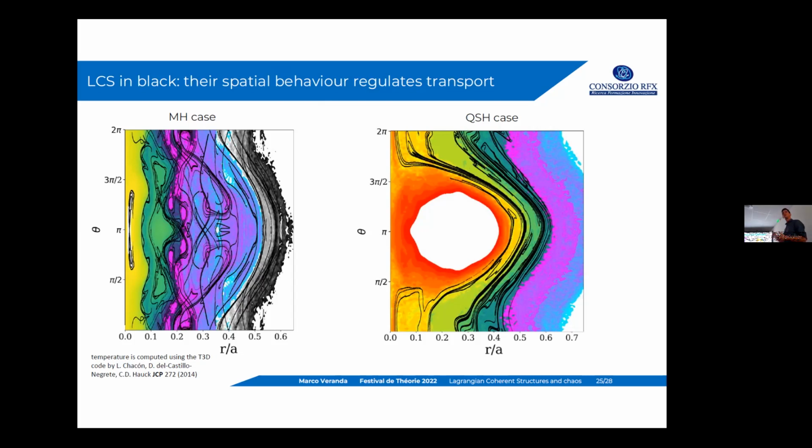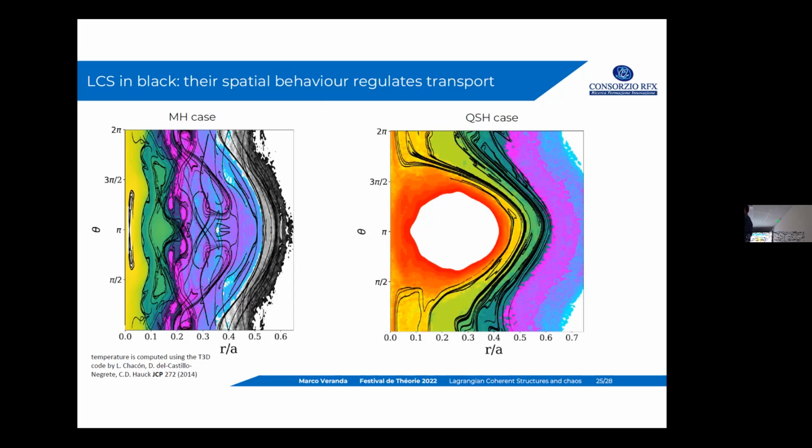This situation is very similar in magnetic fields taken from the experiments. I have some pictures that I didn't have time to put in the presentation. The color corresponds to the electron temperature, and the black lines to the Lagrangian coherent structures.